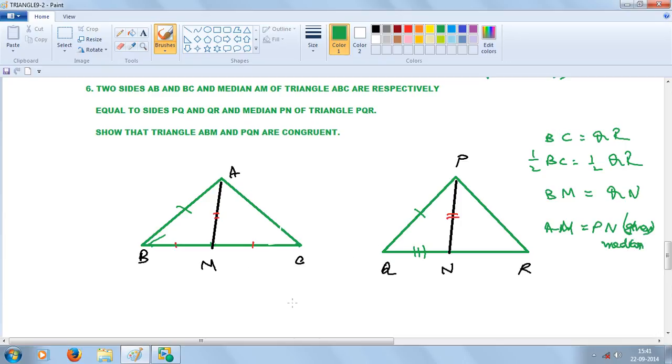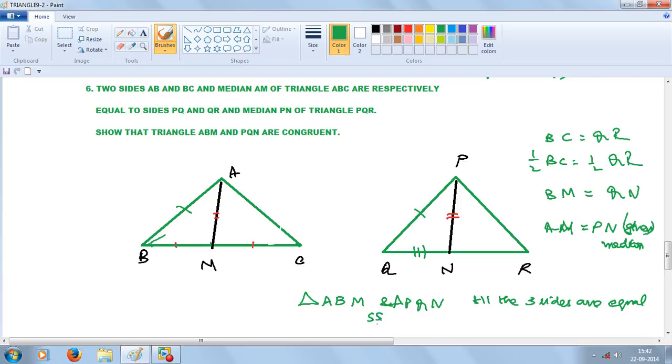So in these two triangles ABM and PQN, all the three sides are equal.